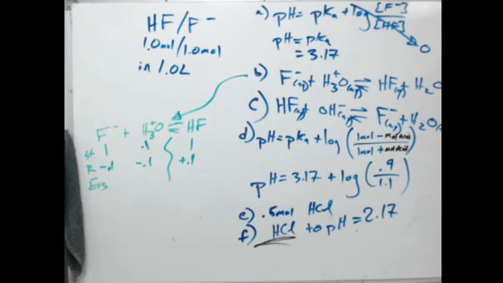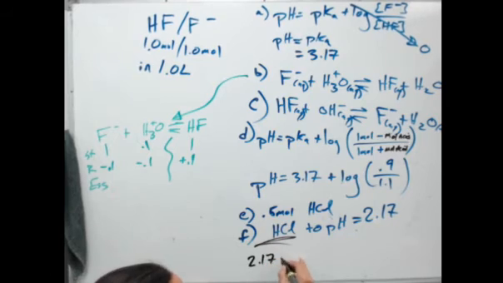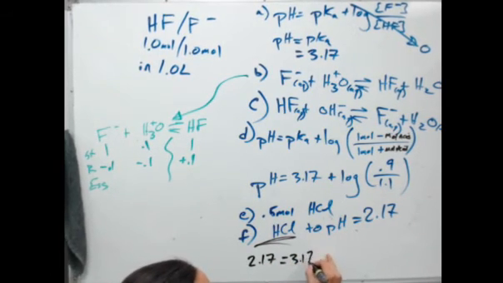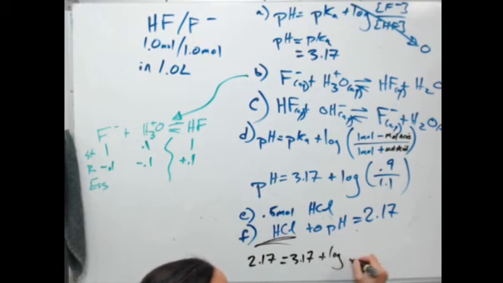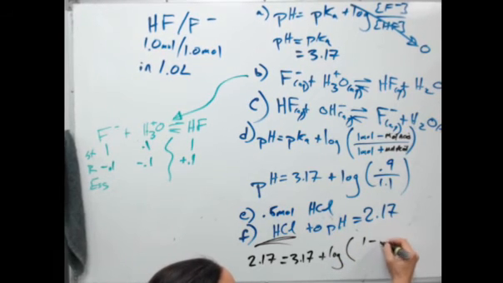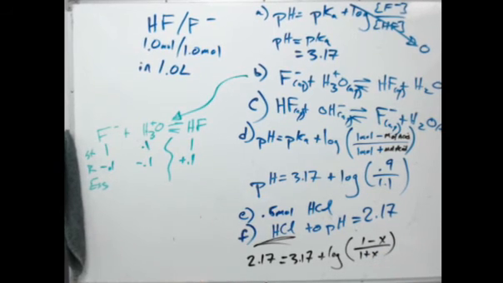Oh, that's what you're solving for. The way you would set this up is you'd have pH is 2.17 because that's our target pH. It's equal to 3.17 plus log of 1 minus x, I'm just going to call it x, over 1 plus x. And then you just do the algebra.